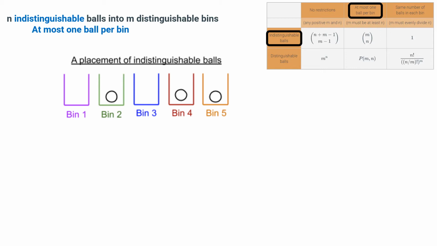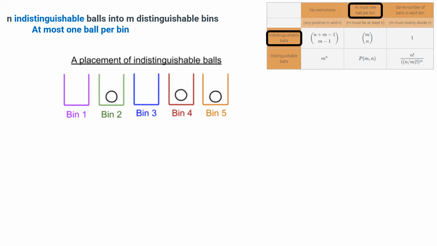But if there are more bins than balls, then some bins will be empty. If we had more balls than bins, we couldn't do it, because we would have to place more than one ball in some of the bins, and we're not supposed to do that in this scenario.